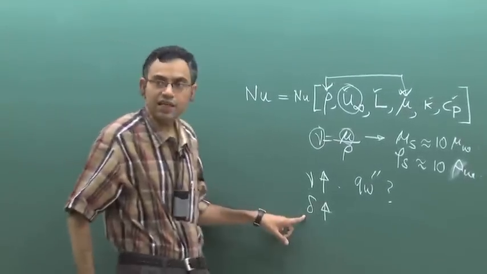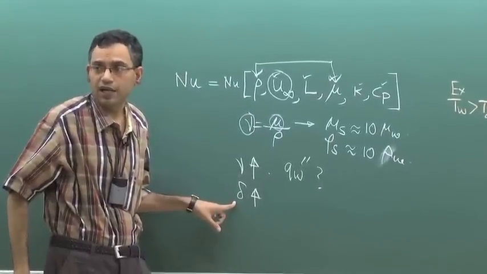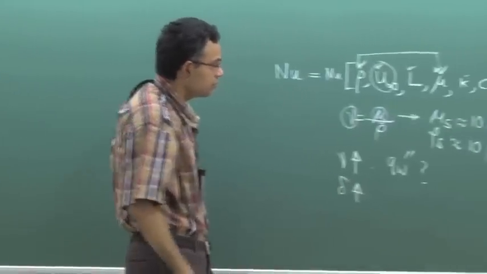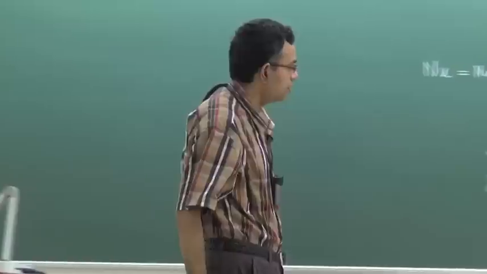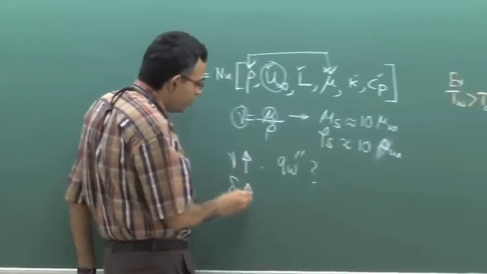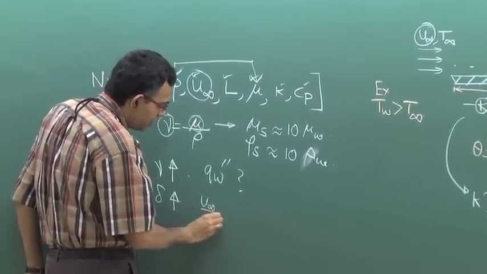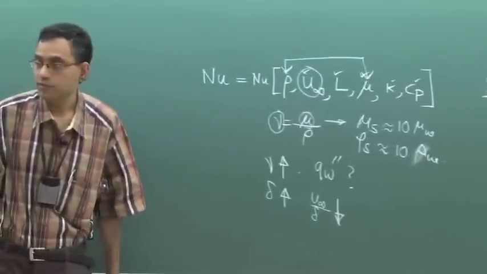If the boundary layer thickness is large, what is the velocity gradient within the boundary layer? If the boundary layer thickness is large, then the velocity gradient within the boundary layer for a given u infinity is small, right.